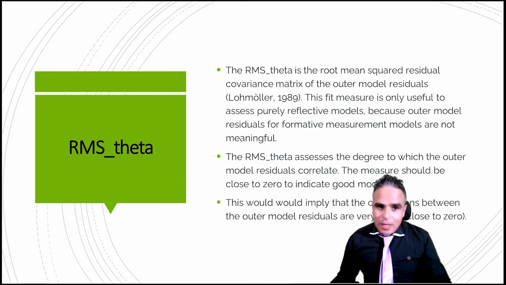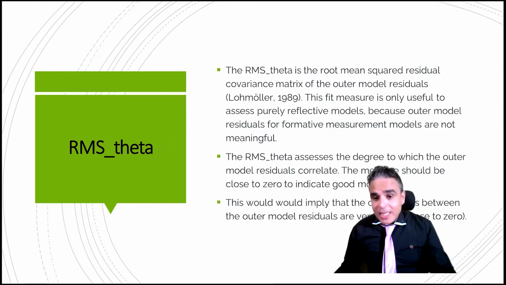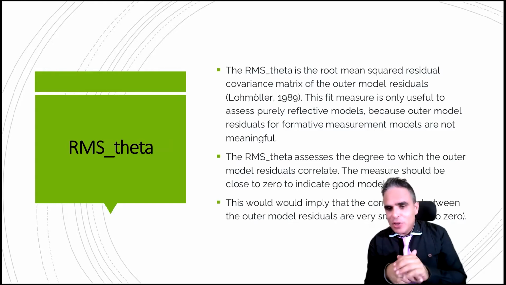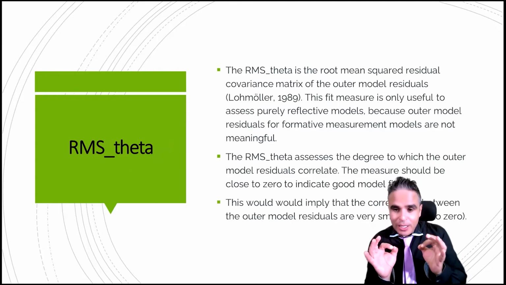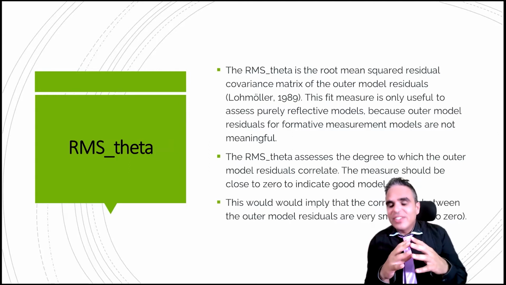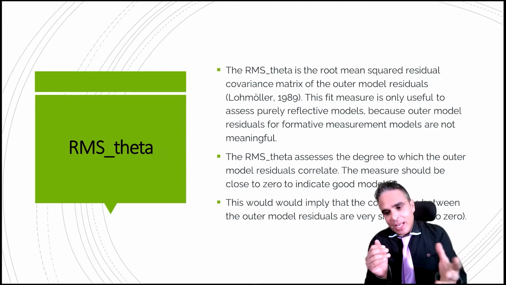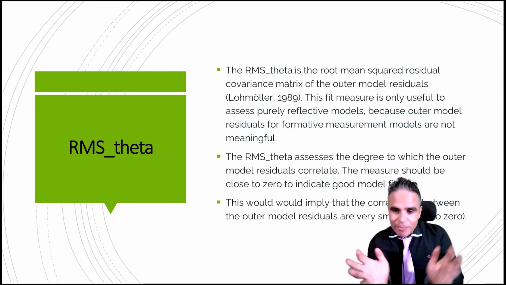All right, RMS theta here. What is it? It is the root mean squared residual covariance matrix of the outer model residuals. This fit measure is only useful, we have to be careful, once we have reflective models. As you know, in SmartPLS, we can have reflective, formative, and a mix of both.